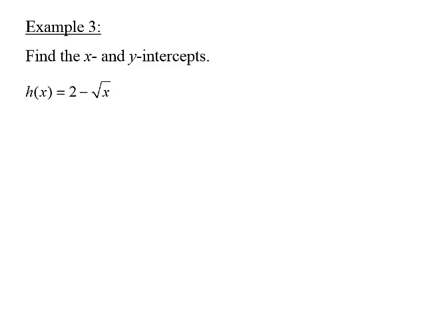In our last example, we want to find the x and y intercepts of h of x, which is 2 minus the square root of x. The x-intercept we find by letting y equal 0, or h of x equal 0. This gives us 2 minus the square root of x equals 0.